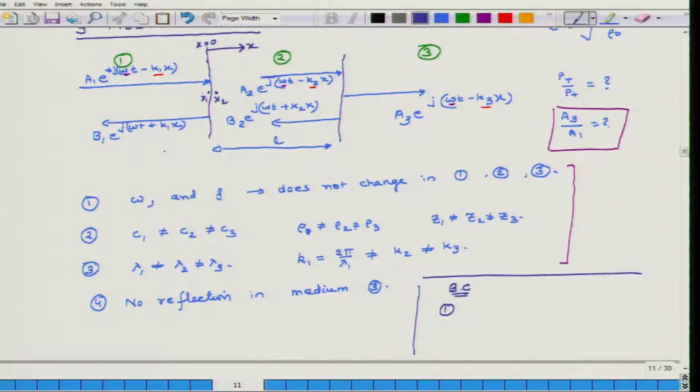Actually, the distance between them is theoretically infinitesimally small, actually it is 0, and what that means is that whatever is the velocity of the system at point x1, it has to be the same at point x2. So, what that means is velocity is continuous at interfaces.